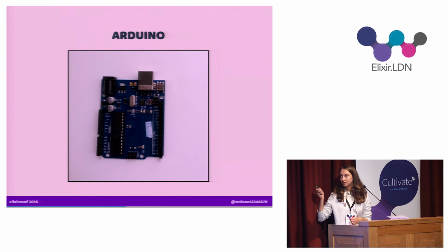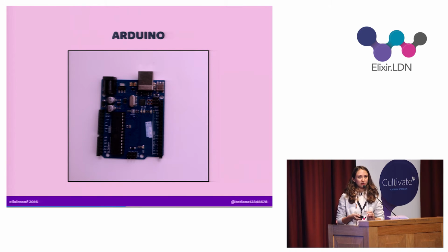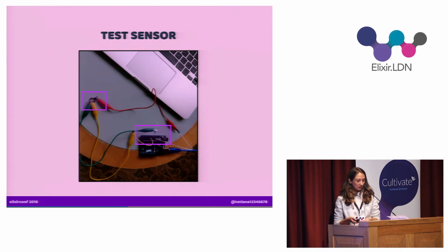So you put it together, and the next thing is this guy. You need to connect it to Arduino to be able to read the data from those sensors. This is not too hard. All you need to do is connect one end of the sensor to one of the ports. Sensors usually send analog signals, so if you connect it to an analog port, you'll get the correct data.